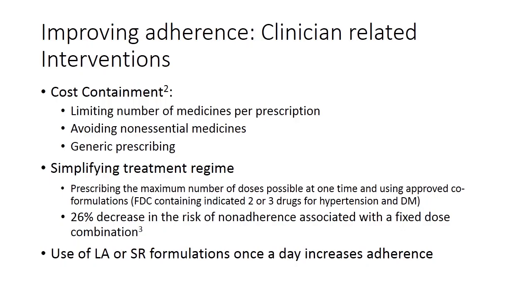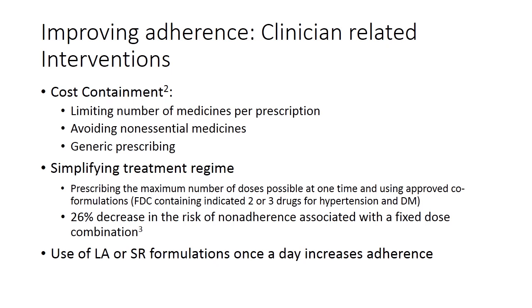Improving adherence through clinically related interventions by doctors. Cost containment is very important: limiting the number of medicines, avoiding non-essential medicines, and generic prescribing. Simplify the treatment regimen so that the patient is not involved the whole day in counting the tablets and taking them.